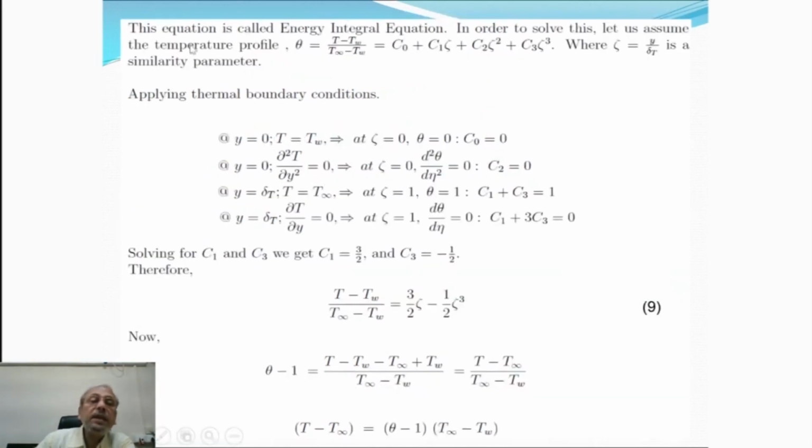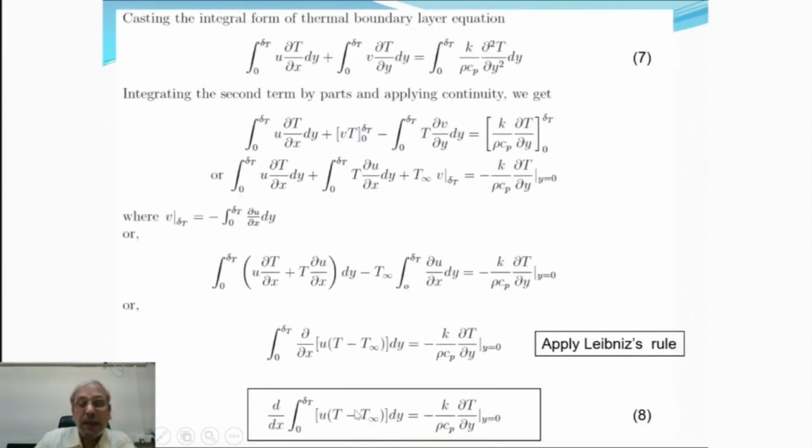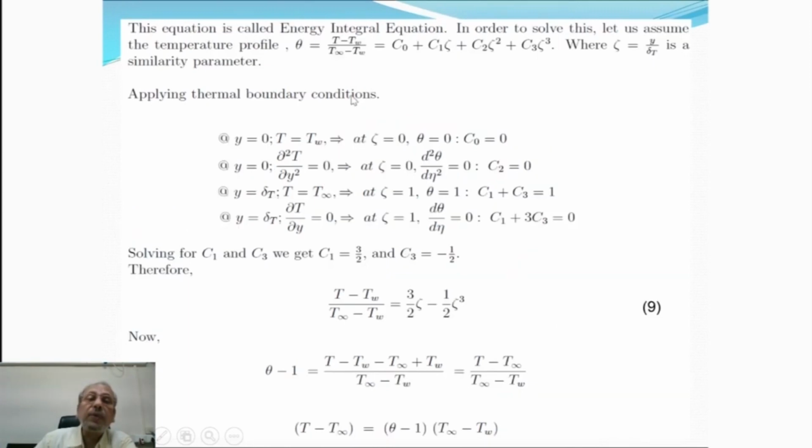So in order to evaluate the energy integral equation, we require both the velocity profile and the temperature profile. The velocity profile we have already found out. Now we have to find the temperature profile.